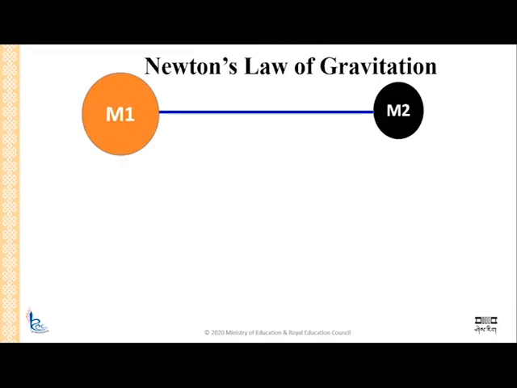Okay, so Newton's law of gravitation basically deals with the force of attraction as stated earlier. Say there are two spherical masses m1 and m2 separated by distance r. The force of attraction between two masses is inversely proportional to the square of their distance.